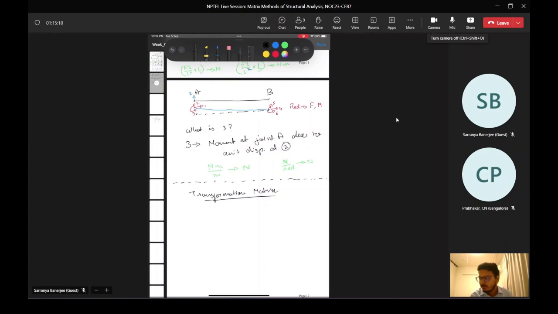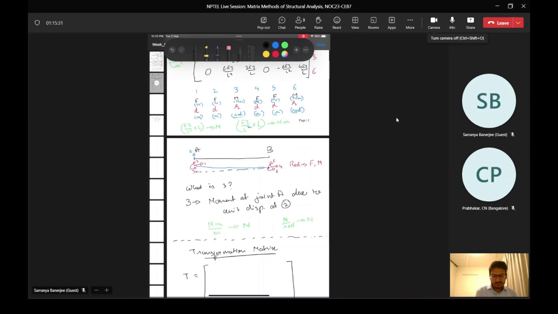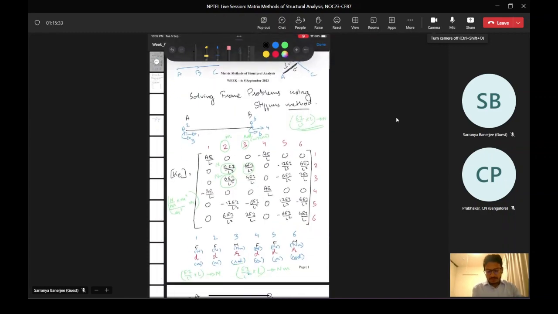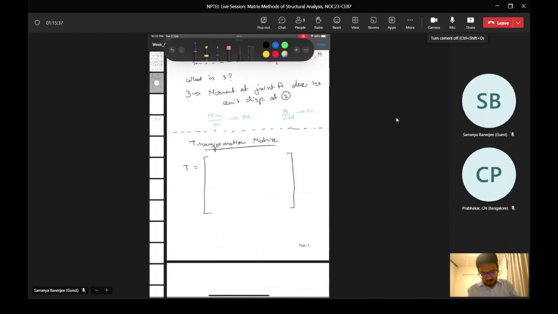So moving on. For the frame problem, what should the transformation matrix be? The interesting part is, if you take this element, let me draw something over here.